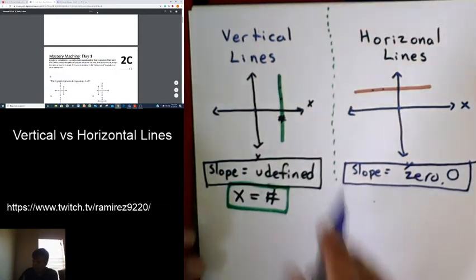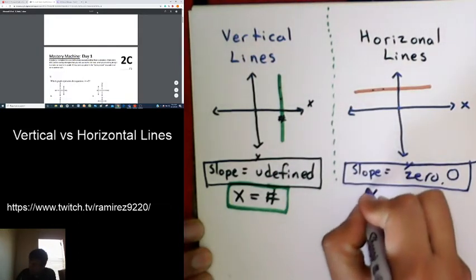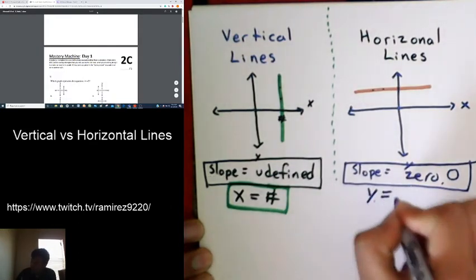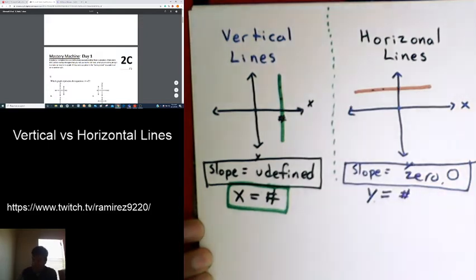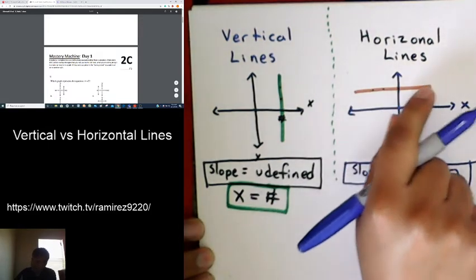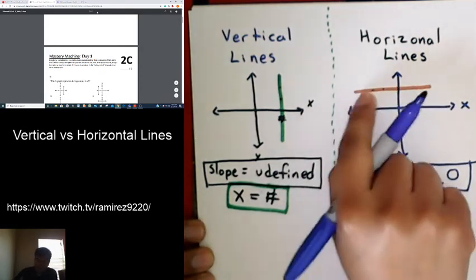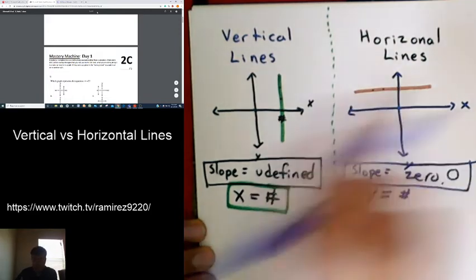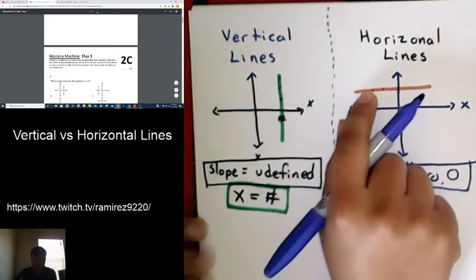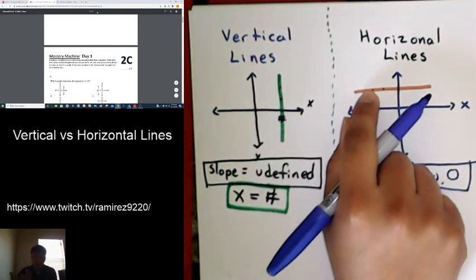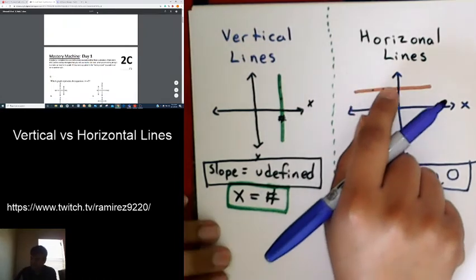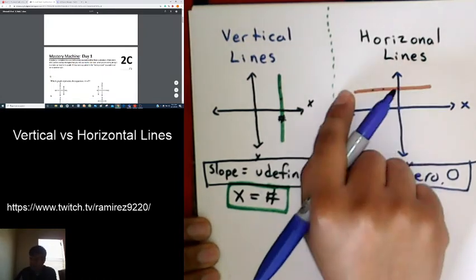And anytime you're looking for the equation, it's going to be y is equal to a number of some kind. And the reason for this is anywhere on this line, the y value, if you think about the coordinates, it's never going to change, but the x will. As I go to the left, the x becomes a smaller number technically, but it just changes its magnitude and it's negative.